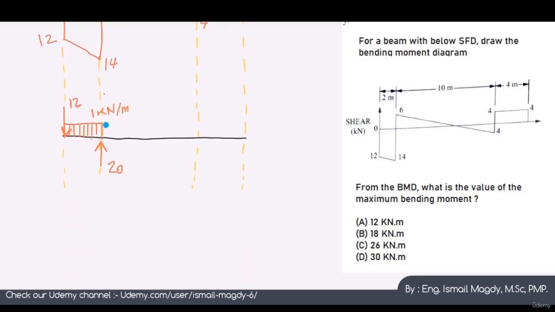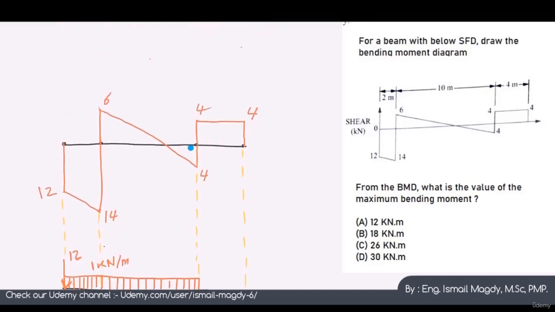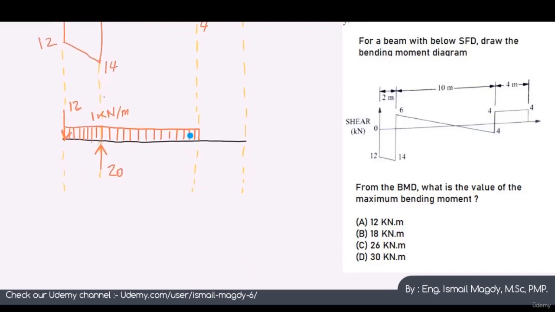This means that this distributed force actually extends till the end here with the same value of 1 kilonewton per meter. And at this point it went up from -4 till +4. So this is an increment of 8 kilonewton. So this is our second support of 8 kilonewton going upward.